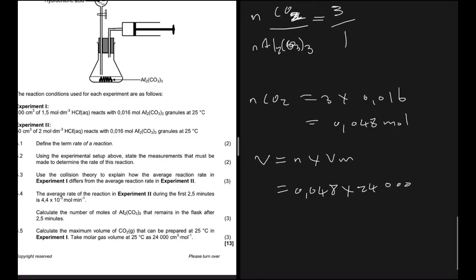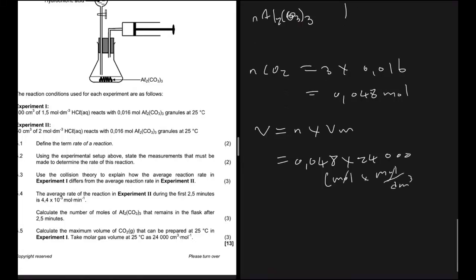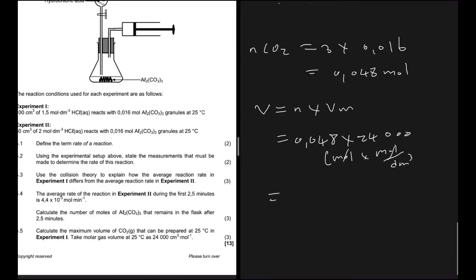The SI unit here is mole for moles, and mole in the denominator for the molar gas volume, right? So moles and mole cancel out. Let me put that in the calculator real quick. 0.048 times 24,000. We end up with 1,152.